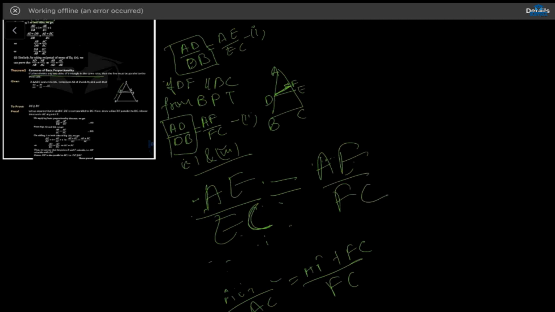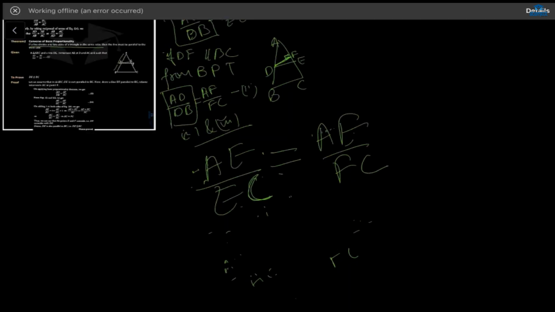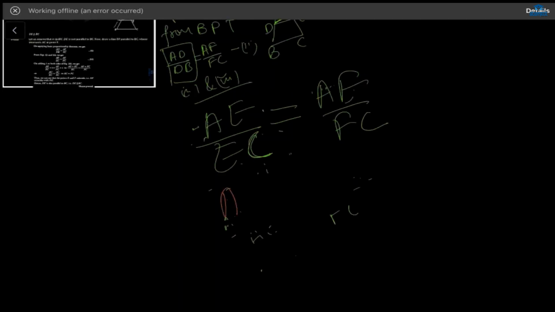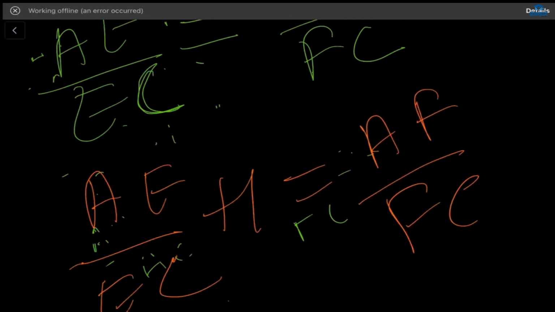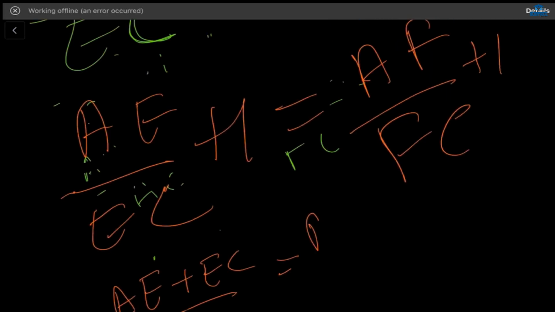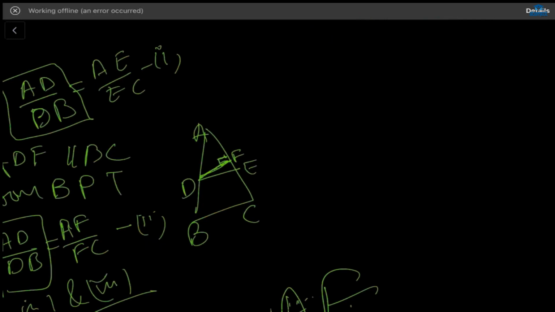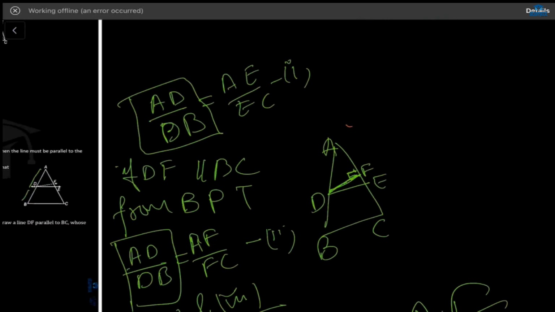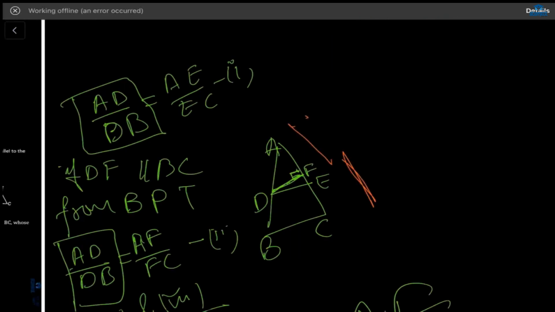This is the main thing. Now if I add 1, AE by EC plus 1 is equal to AF by FC plus 1. So AE plus EC by EC is equal to AF plus FC by FC. Now AE plus EC, the whole side, is AC.